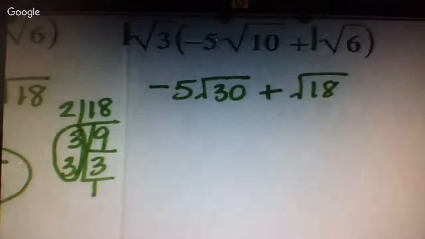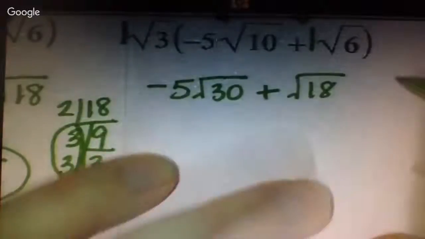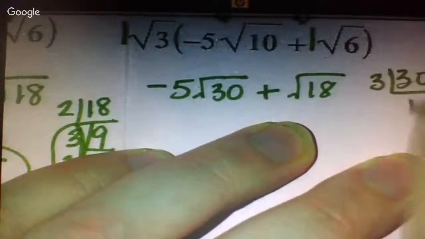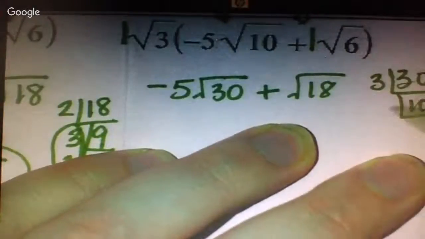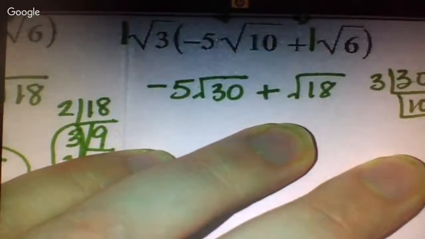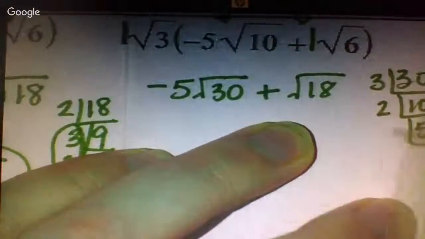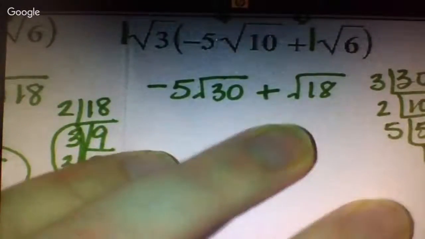Okay. Let's see if we can break down 30. We already know we can break down 18. We just did it. So we'll do it again, but let's see if we can break down 30. I'm going to go 3 and 10. You can do 6 and 5 if you're doing the factor tree. 3 and 10, 2 and 5, 5 and 1.